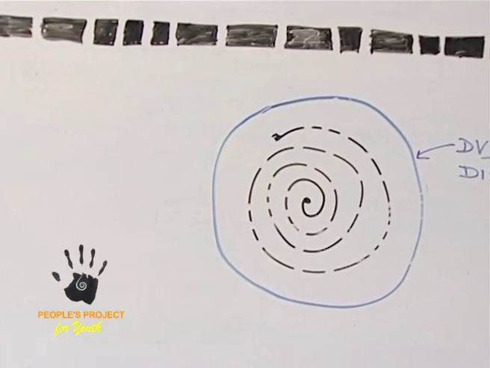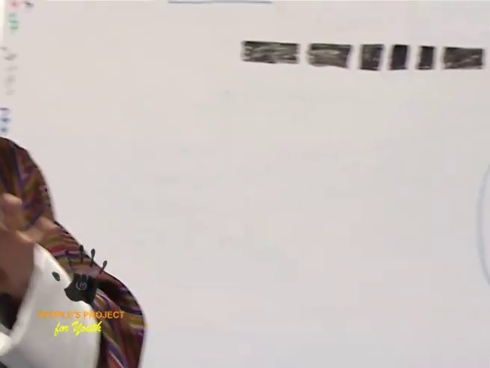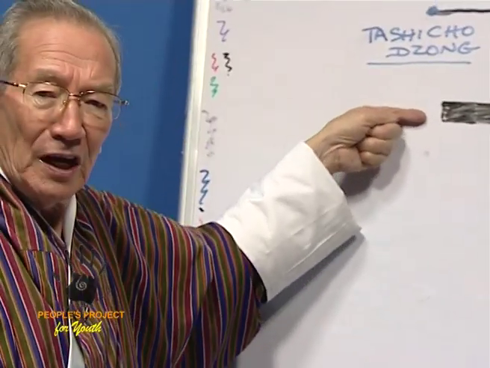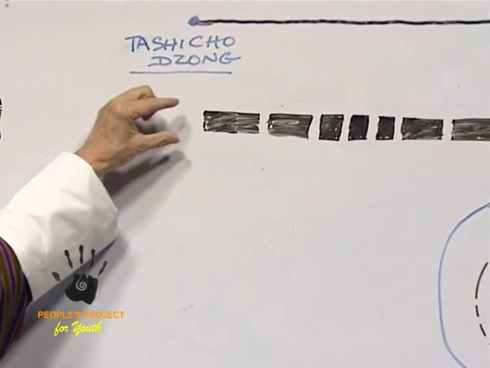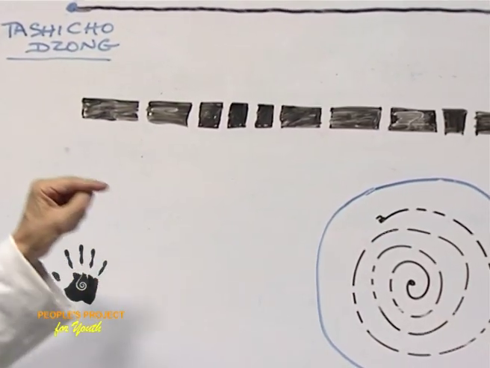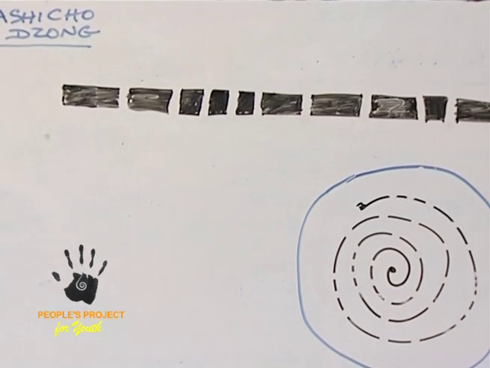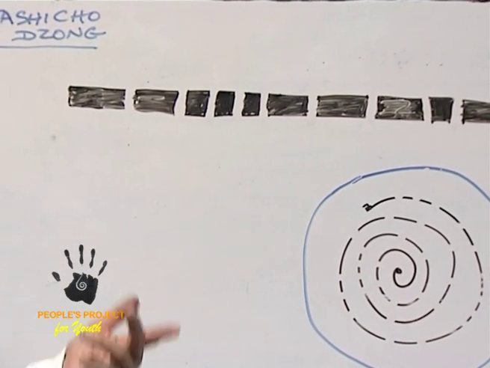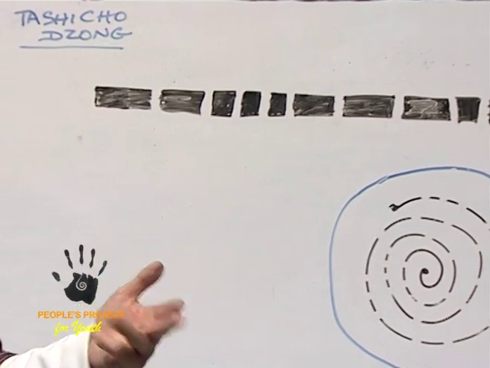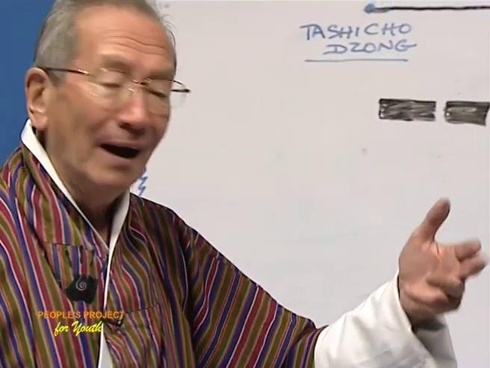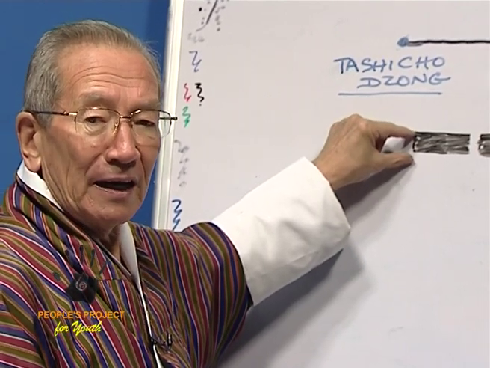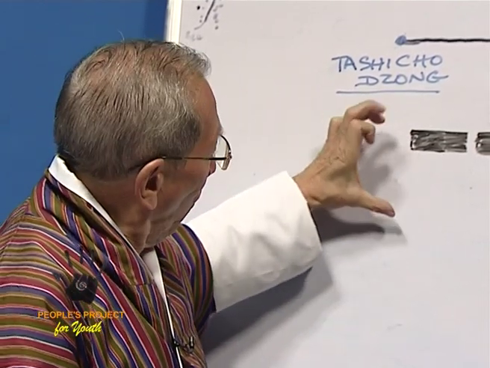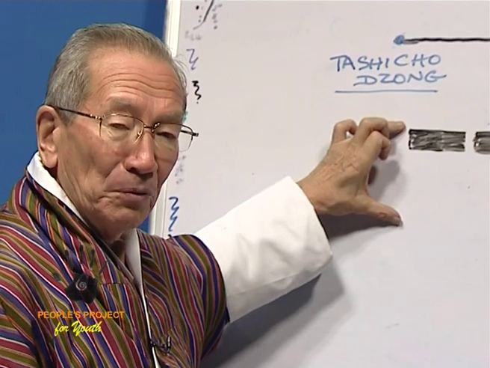Now, we've got a spiral line on there, but the amazing thing is, look at this here. The thickness of this line that's marked on the disc is 1/30th the thickness of a human hair. I could fit 30 of these lines in one thickness of human hair.